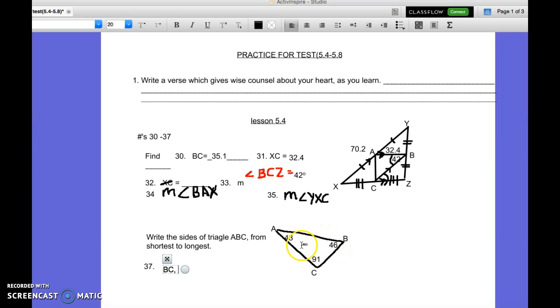So opposite to 46 will be this one, namely AC, and then the longest one will be opposite to the largest angle, and that side would be AB. Okay. Similarly, there's another question, 38. They give you the sides rather, and the shortest side will be opposite to the smallest angle. Similarly, the longest side will be opposite to the largest angle. So you can work on that one also by yourself.